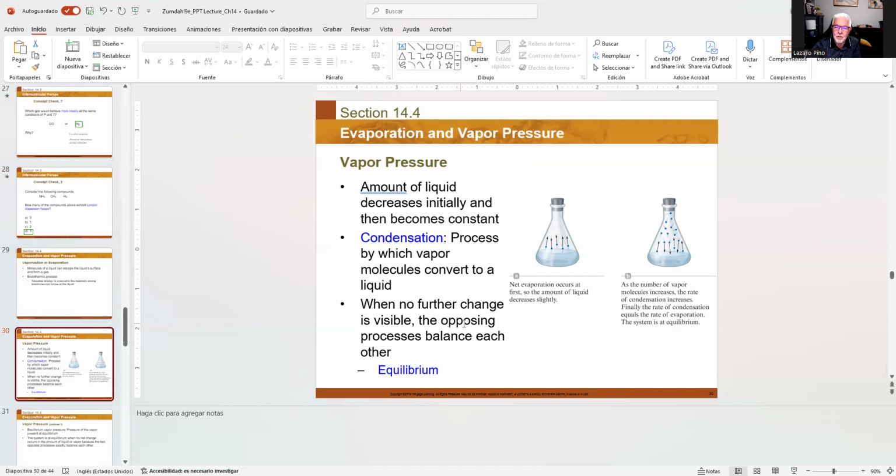Then at a certain time, in a closed system, the amount of molecules that go into the gas and the amount of molecules that go into the liquid are at equilibrium. Then we get the equilibrium and almost no change is visible.